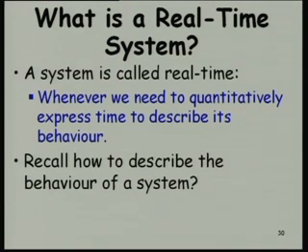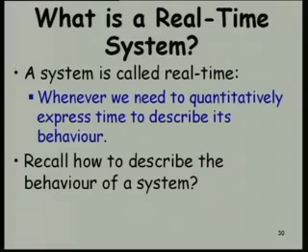Each function would basically require some input, and then that will produce some output. So, we have to list out all these functions and the kind of input and output, and if such a description of the behavior requires some quantitative notion of time, we have a real time system, but every function may not be real time, that we have to keep in mind, right. I think as we proceed, this point will become clear.